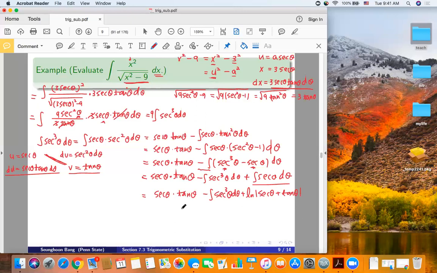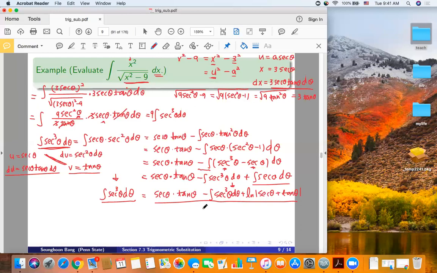So we have it. So what happens? This is exactly the same as the original one, right? This original one is the same as this one. You can rewrite. This is the original one. The integral of secant cubed theta d theta is this one. So we have the integral of secant cubed on the right hand side, and on the left hand side too, both sides.